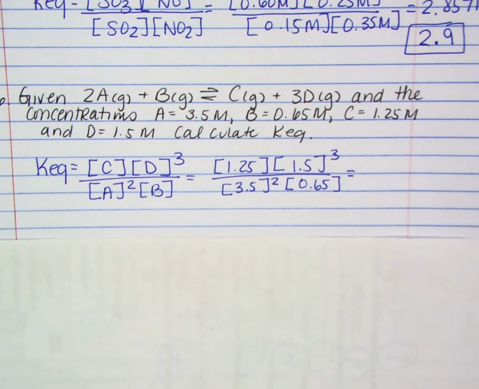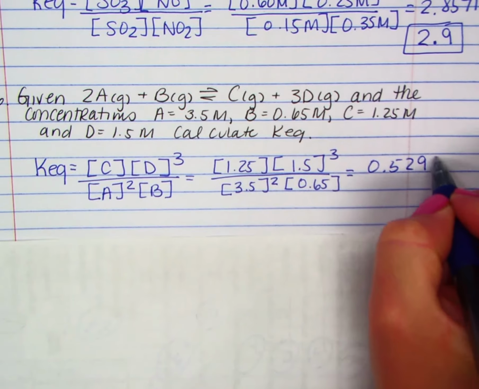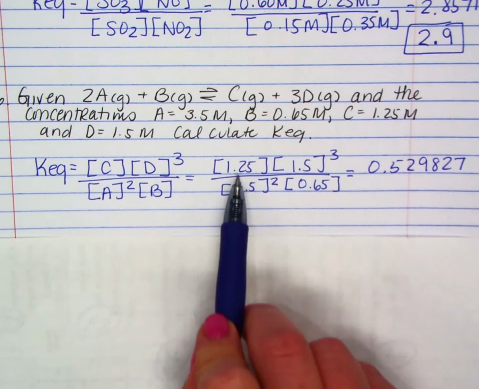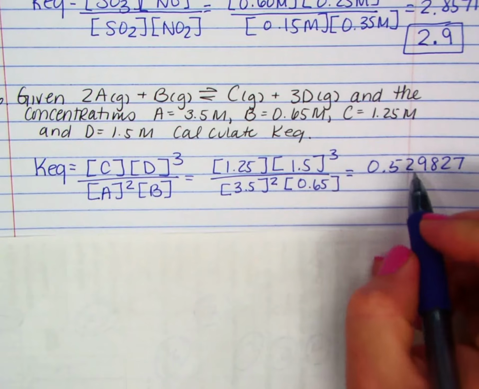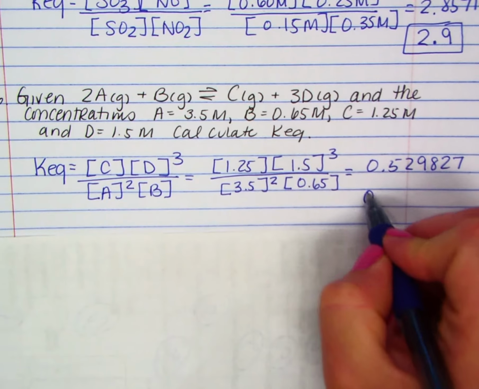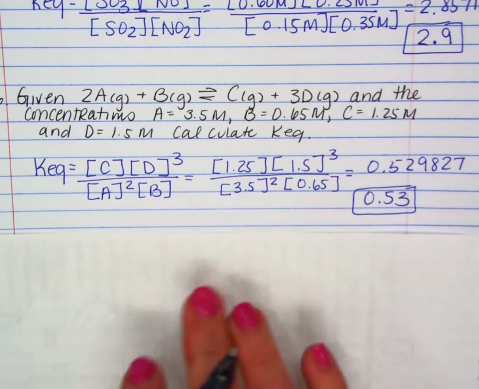All right, now I'm going to put it in my calculator. 1.5 to the third divided by 3.5 to the second, and 0.65. 0.529827. 3, 2, 2, and 2 sig figs. The 9's gonna round the 2. 0.53 is my KEQ. Okay.